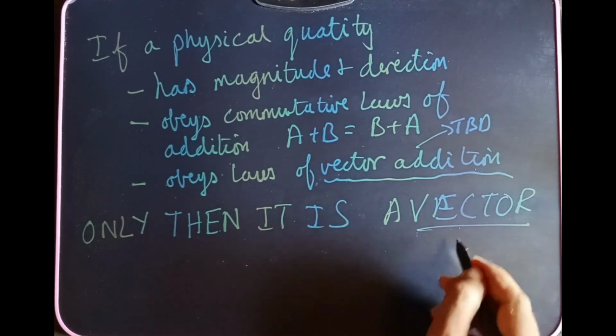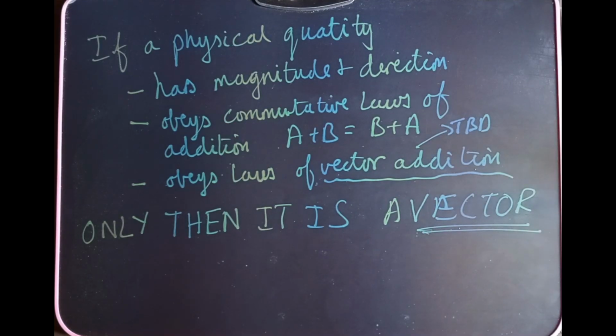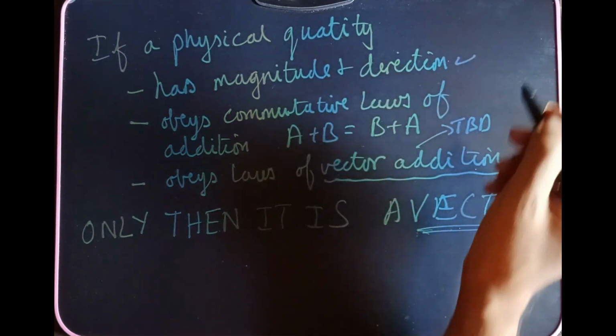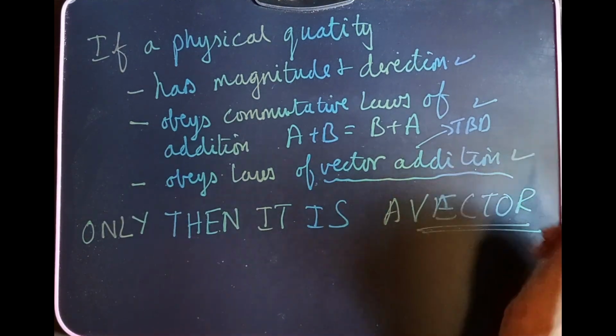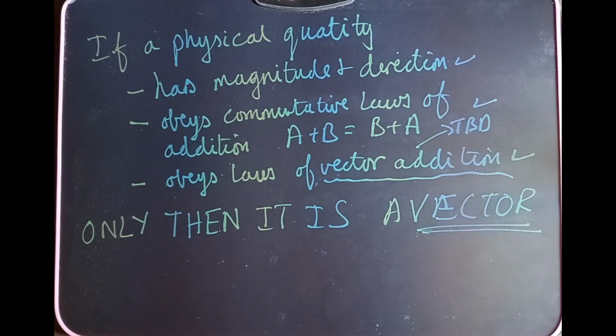So a vector has magnitude and direction. It should obey the commutative law and should also obey the vector law of addition and subtraction.